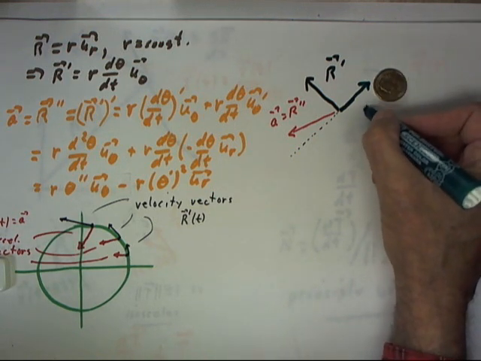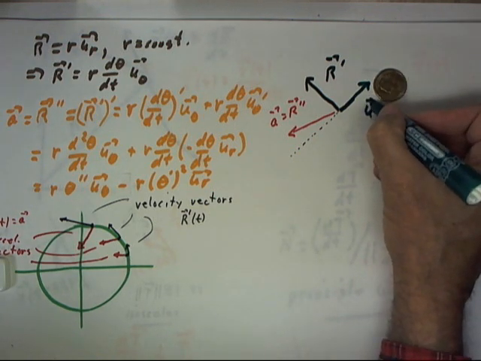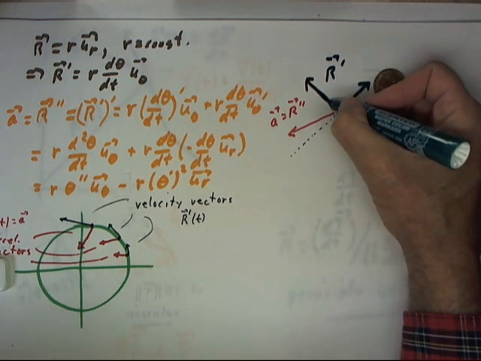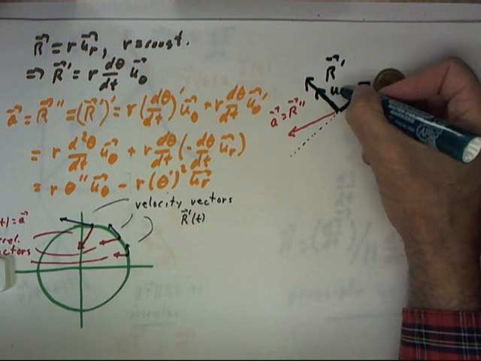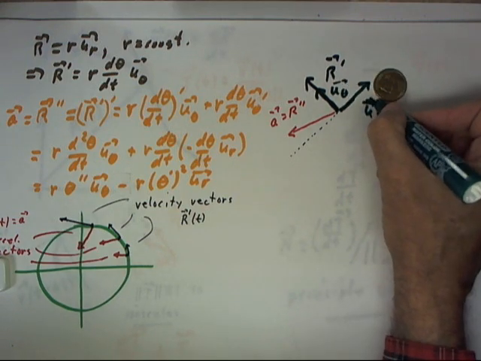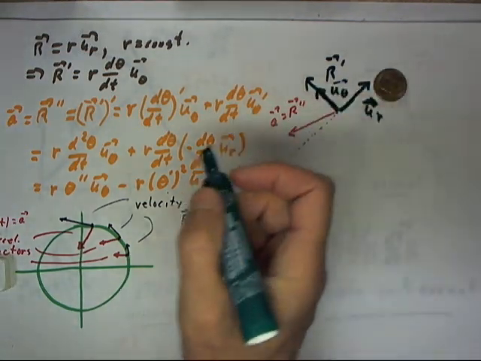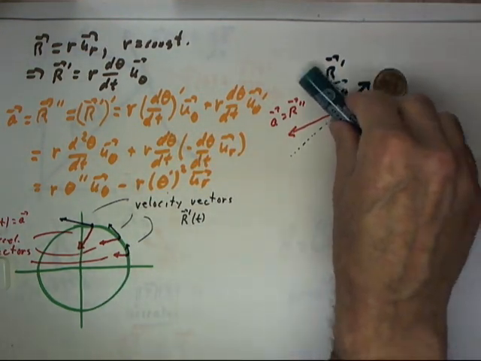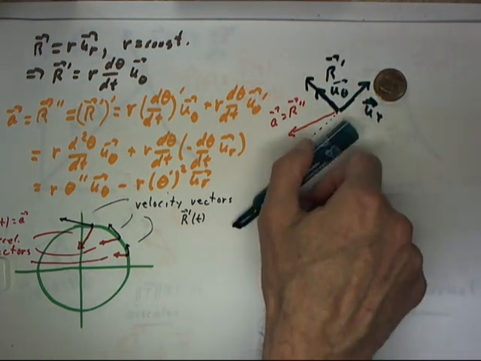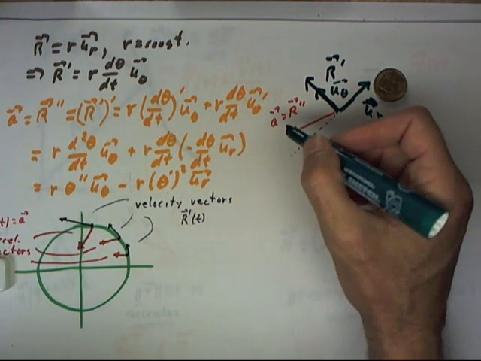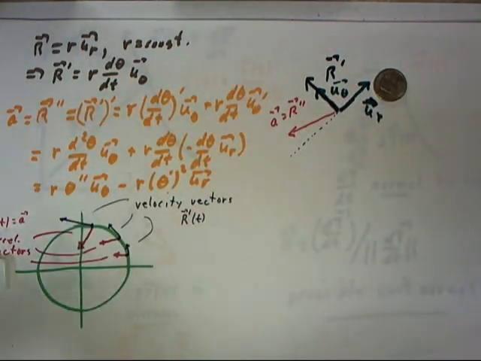This would be our vector u sub r, and we'd also have a vector u sub theta. And the point I'm trying to make here is that r double prime has a component in the direction of u sub theta. It also has a component in the direction of u sub r, and these components are easily illustrated.